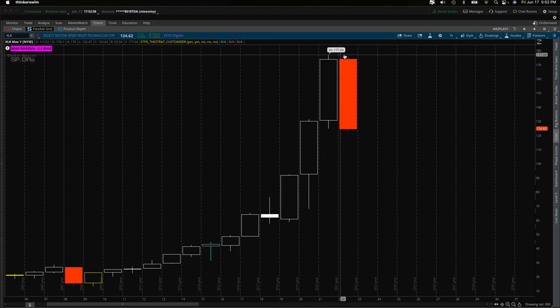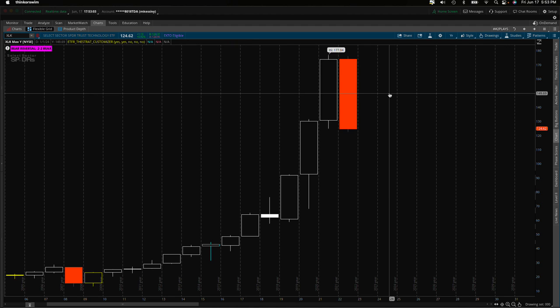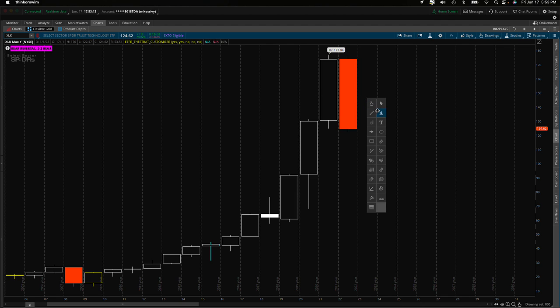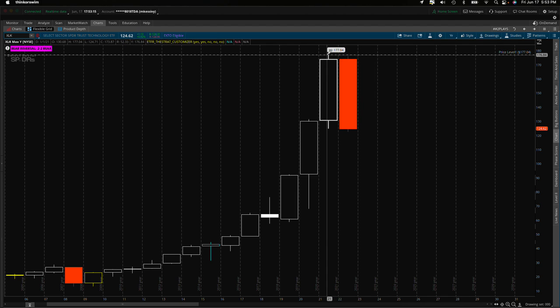That way when you see price action happening, you have an idea of where price can go, because price is usually indicative of what happened in the prior time frame or prior candles. So we'll mark our levels.